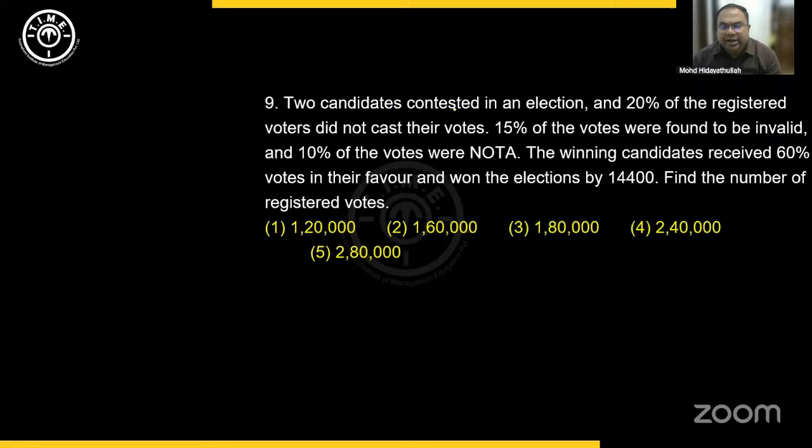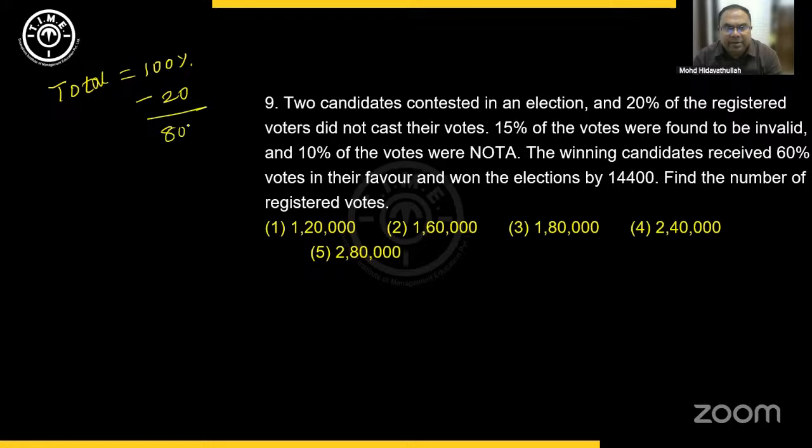Two candidates contested in the election. 20% of the registered voters did not cast their vote. 15% of the votes were found to be invalid. 10% were NOTA. So total, if I take 100%, total is 100%. 20% did not cast, so remove 20.